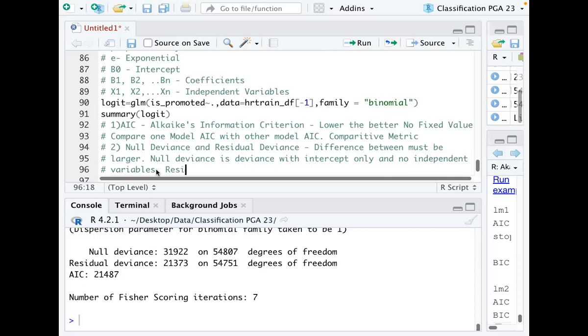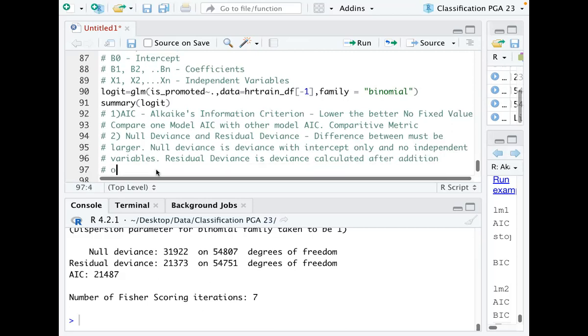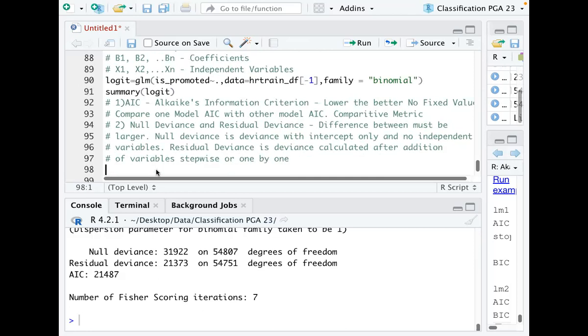Residual deviance is the deviance calculated after addition of variables stepwise or one by one. By adding the variables one by one, the change in the deviance is your residual deviance.